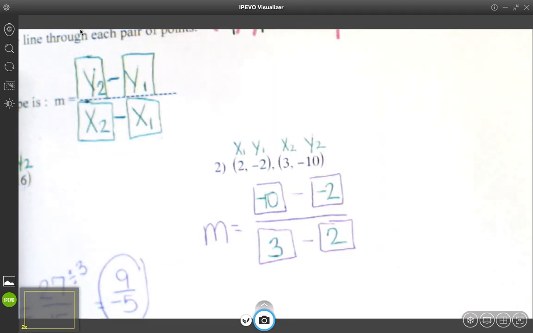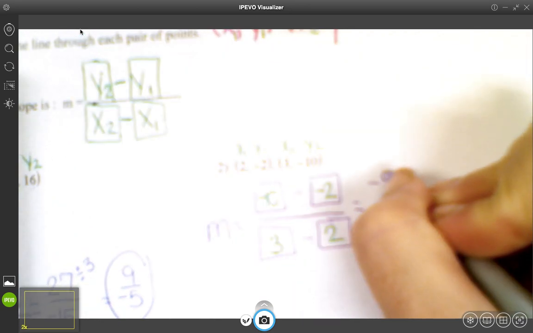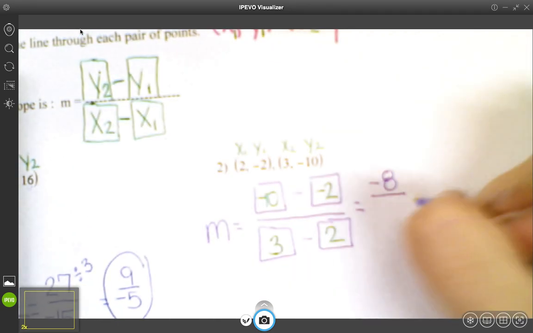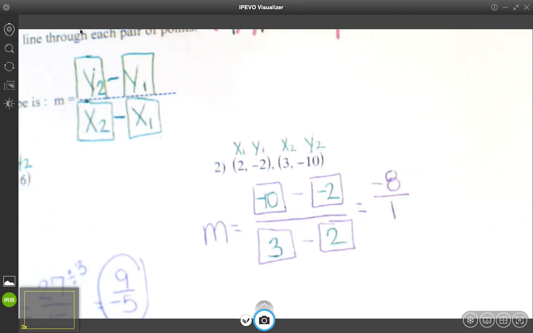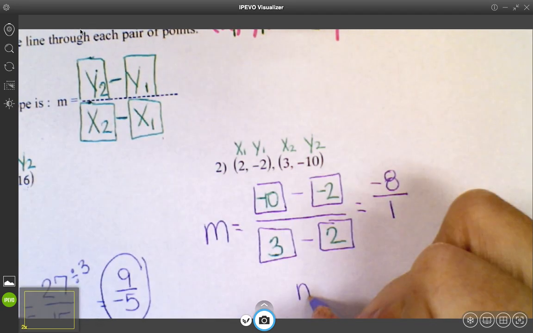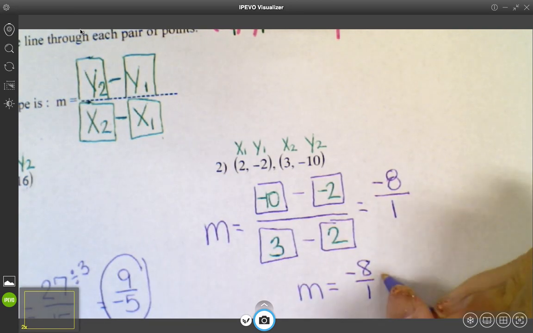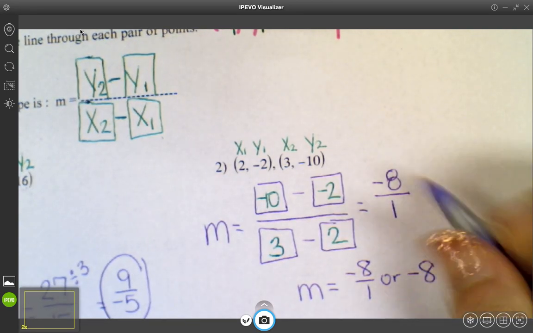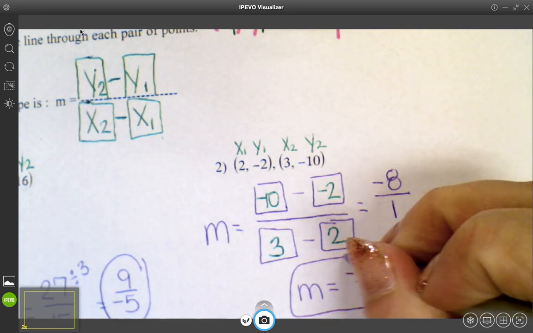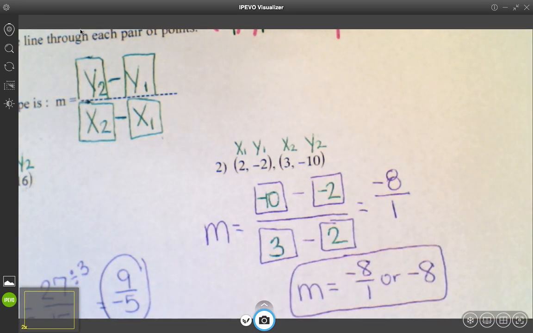So I know my top number is negative 8. All right, and then on the bottom, 3 minus 2, I think we all know that's 1. So we can leave this, and I actually do not care if you leave it as negative 8 over 1, or if you just want to use the whole number, negative 8. Your choice on how you want to write that slope, with a 1 or just with a whole number.